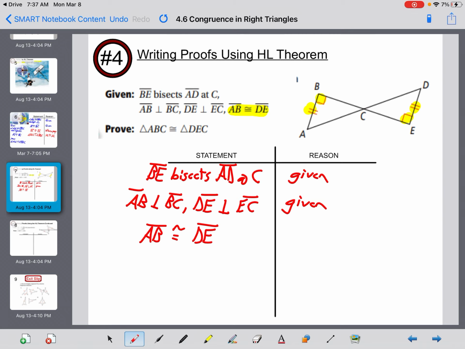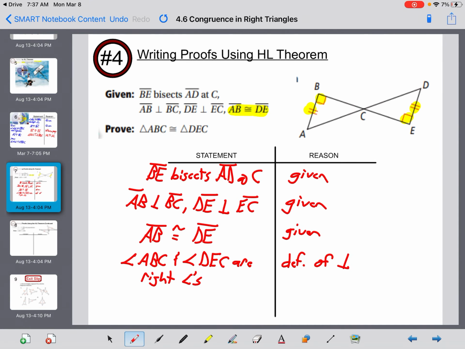So back to those right angles. I'm going to say angle ABC and angle DEC are right angles. Okay, it's the definition of perpendicular lines. Now we can go back to this word bisect. Since BE bisects AD, that means AC is congruent to CD. And what do you notice?